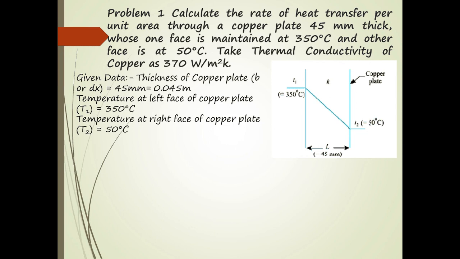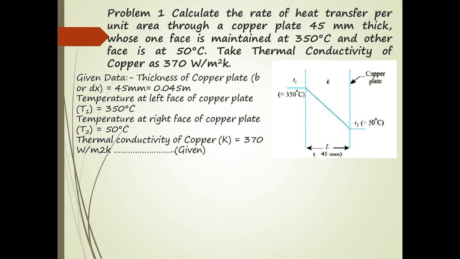Temperature at right face of copper plate, T2, is given as 50 degrees centigrade. And thermal conductivity of copper K is equal to 370 watt per meter Kelvin. It is given, right? And we have to determine rate of heat transfer per unit area through copper plate.